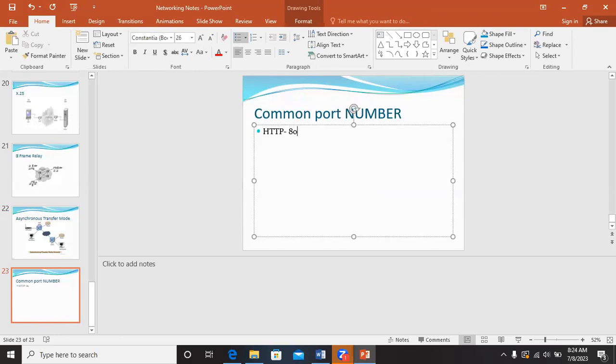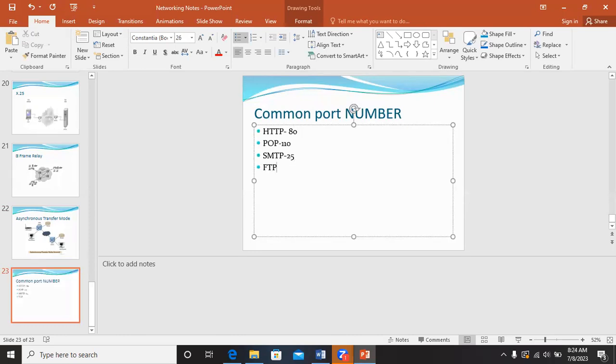So they use it in firewall administration. If you block port 80, it means that nobody will be able to browse. All right. So you have POP, Post Office Protocol, which is used to receive email, uses port 110. SMTP uses port 25, I think.